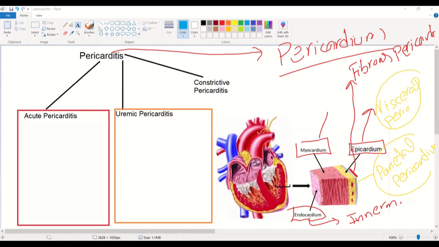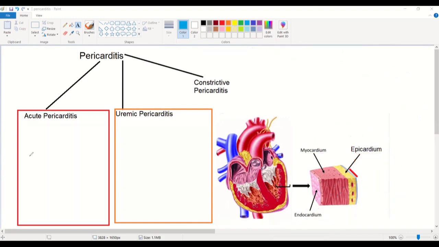The inflammation of the endocardium is known as endocarditis, and the most common cause of endocarditis is bacterial infection. Myocarditis is the inflammation of the myocardium, and the most common cause of myocarditis is viral infection, right? Pericarditis is the inflammation of the pericardium. There are many classifications of pericarditis; it may be acute or chronic.